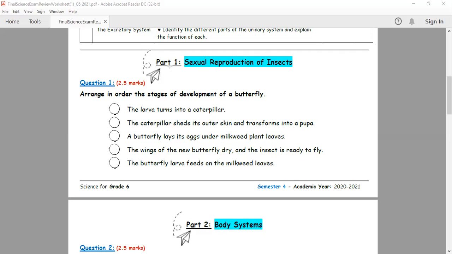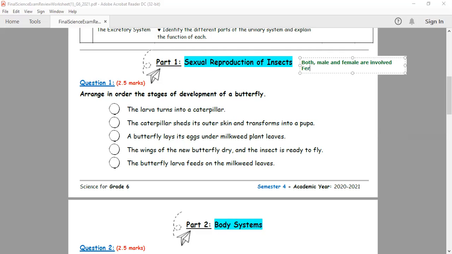Sexual reproduction of insects. You know that fertilization, first of all, sexual reproduction means both the male and the female are involved. We take the sperm from the male, the ovum from the female, and then fertilization.